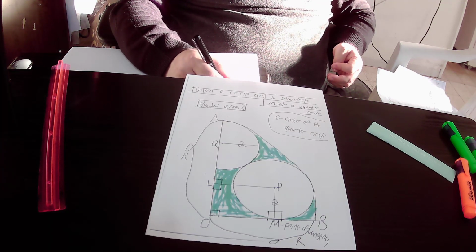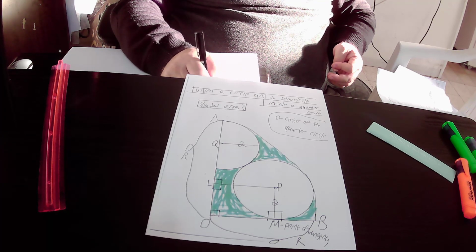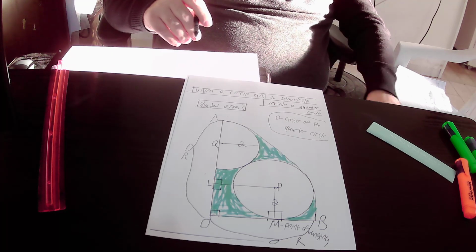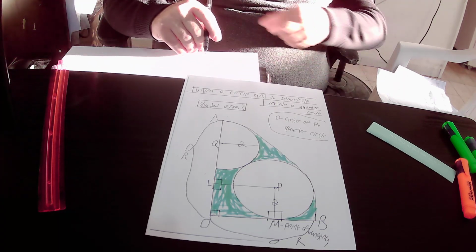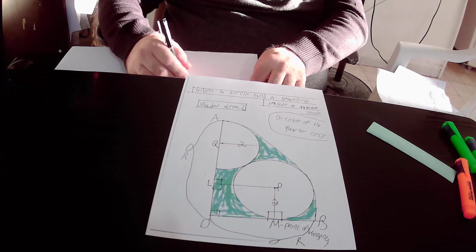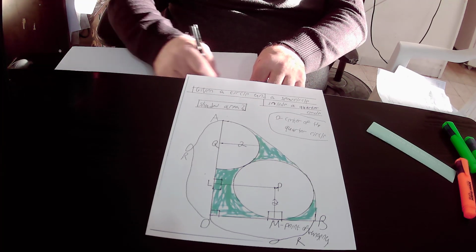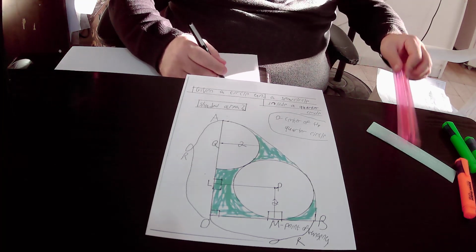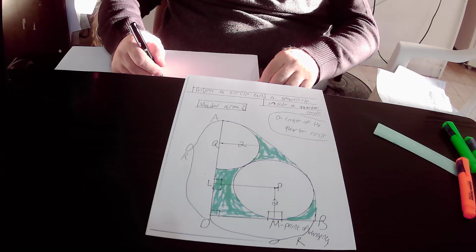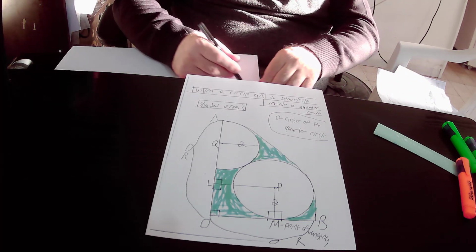Quadrilateral LPOM has 3 right angles, and the sum of 3 right angles is 90 degrees times 3, which is 270 degrees.